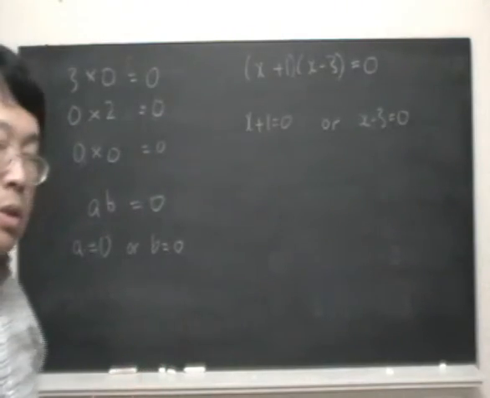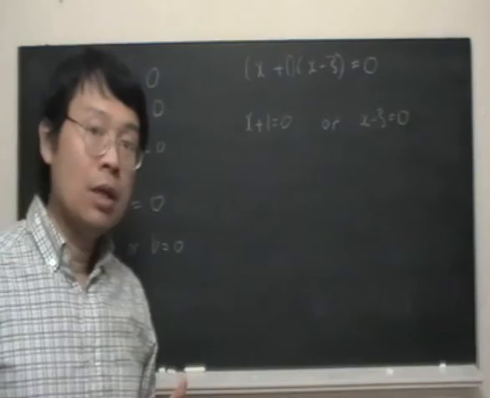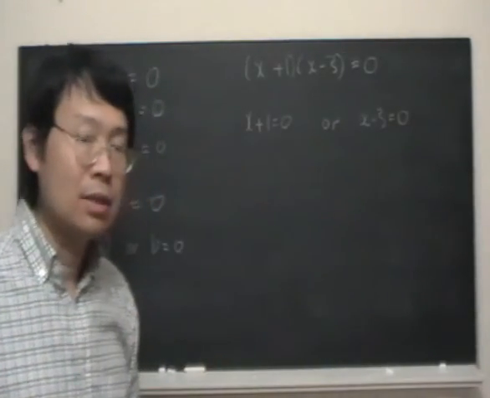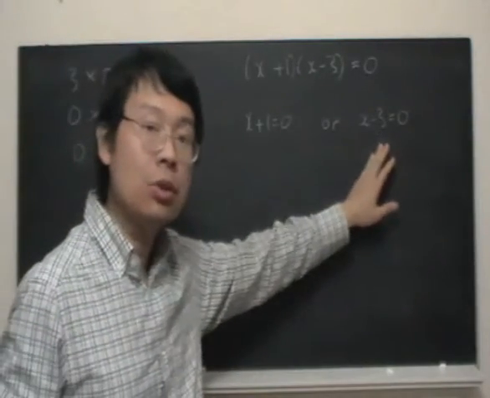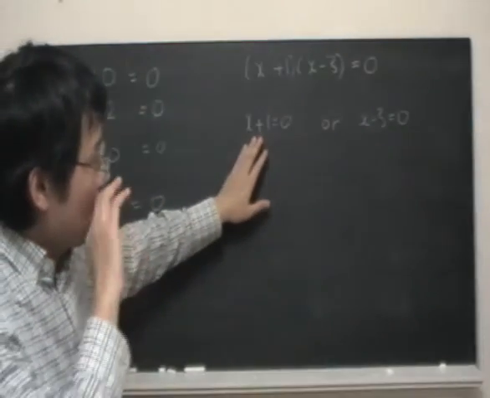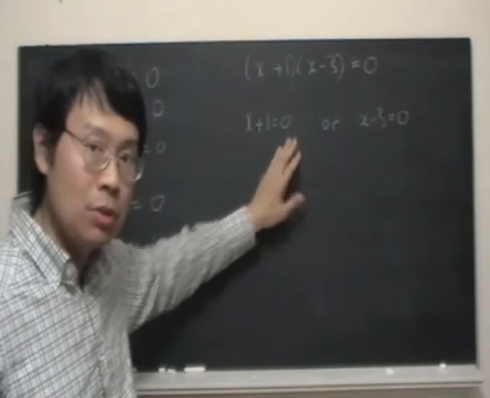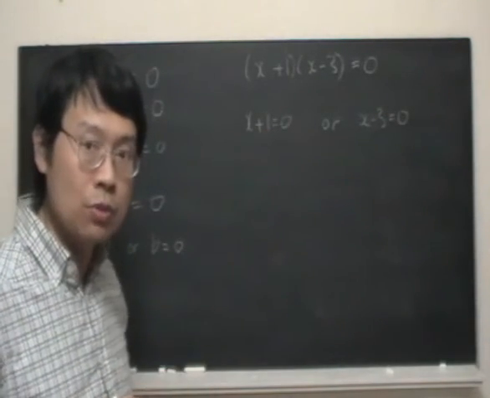So when we write this down, what we really get now are two equations. If you look at each one, if you look at this one, x plus 1 equal to 0, this is an equation that we can solve.